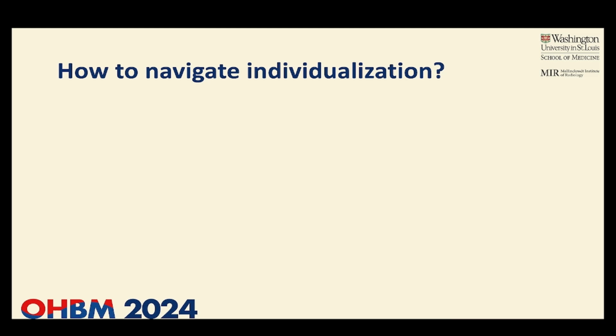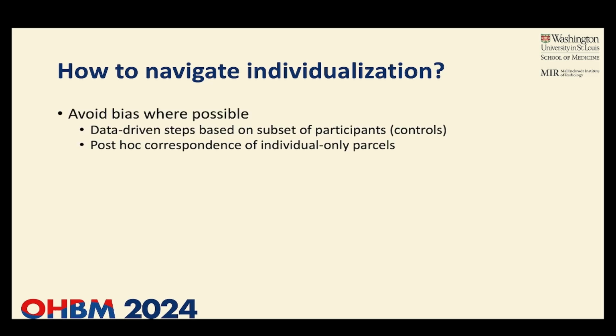Okay, so to wrap up section 2 of this talk, how do we navigate this challenge of individualization? There is going to be bias, and one step is to just avoid bias where possible. These are a couple of things that we don't want to do.